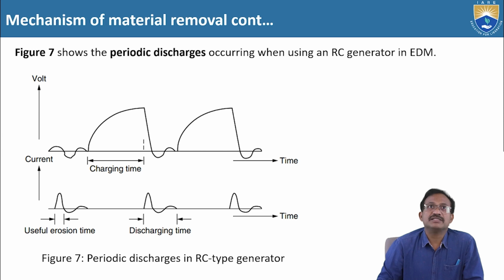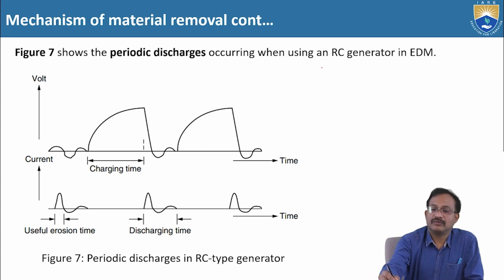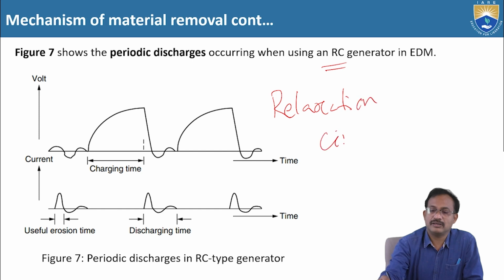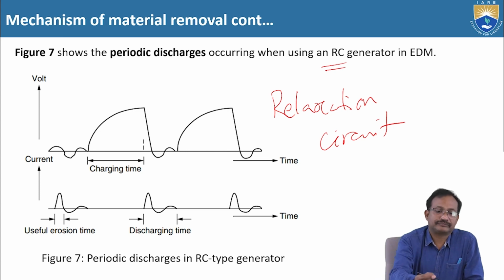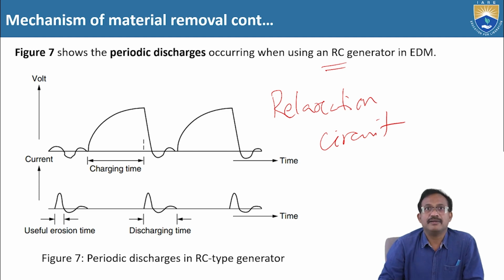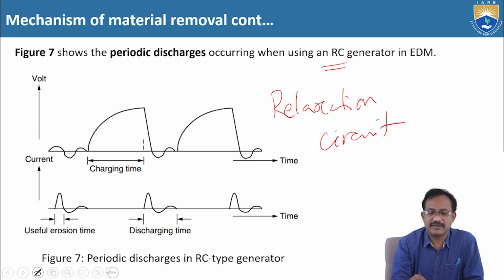Next, figure 7 shows the periodic discharges occurring when using an RC generator in EDM. What is RC? Relaxation circuit. Already we have discussed, RC means relaxation circuit generator. Here voltage-time and current-time in periodic discharges in RC type generators.